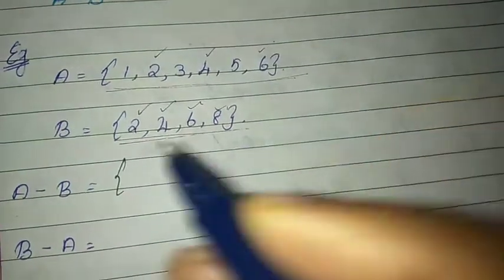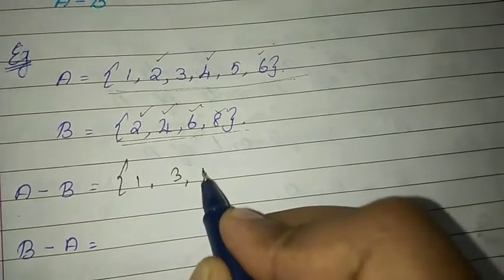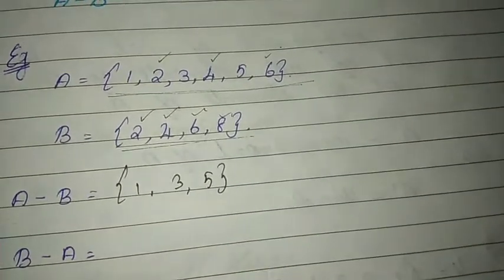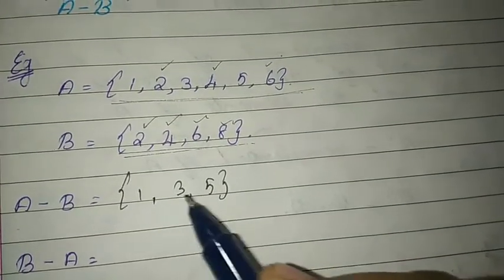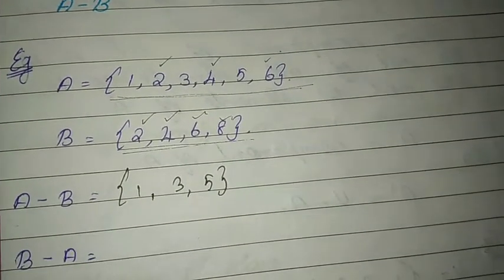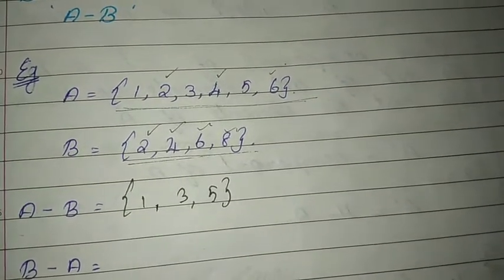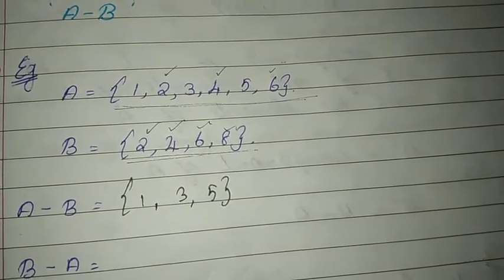What are the remaining elements now? 1, 3 and 5. So I will have {1, 3, 5}, that is my required set for A difference B. You can also say it as A minus B. A minus B and A difference B are the same.